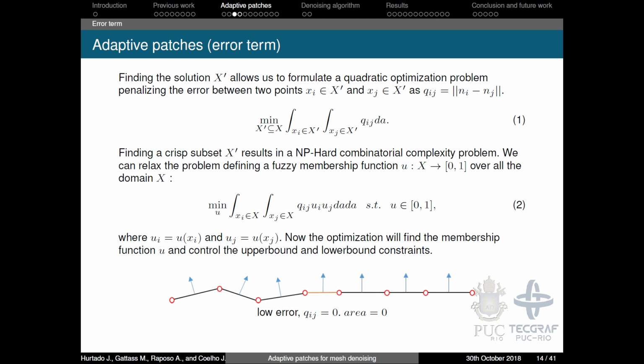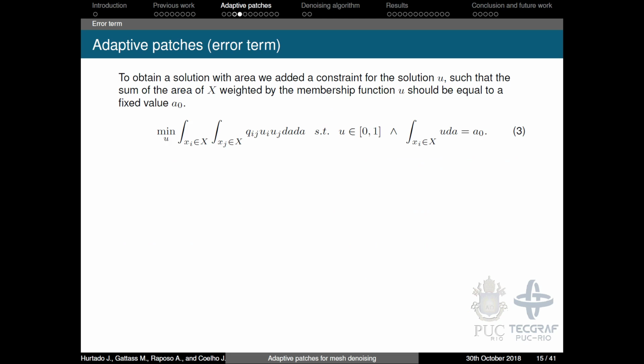To avoid this kind of solution, we add a constraint such that the area of all the shape X weighted by the membership function u must be equal to a defined area that we set as a parameter.